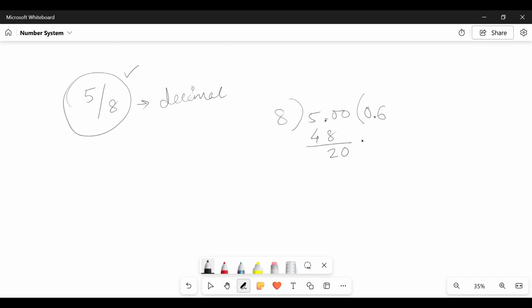The number is down to 2. We get 0 again from here, and then we multiply the quotient of 2 with 8. What we receive is 16. The remainder is 4. We take a 0 more, and then we have a quotient of 5. So what we end up getting is 40. So 5 by 8 in decimal format would come up to be 0.625.